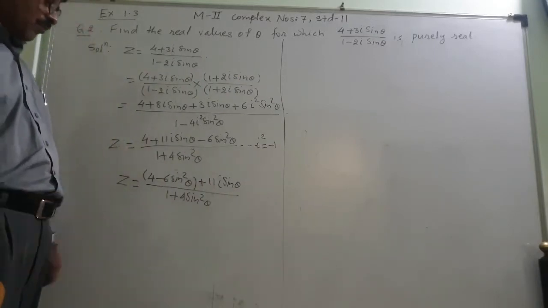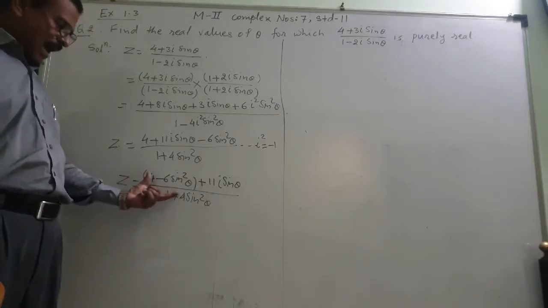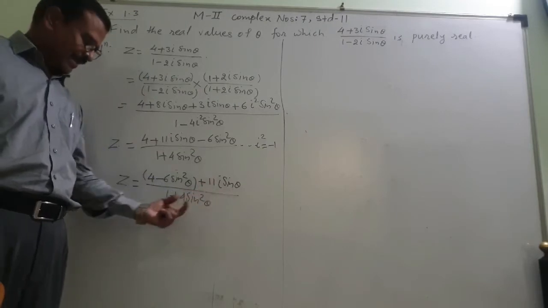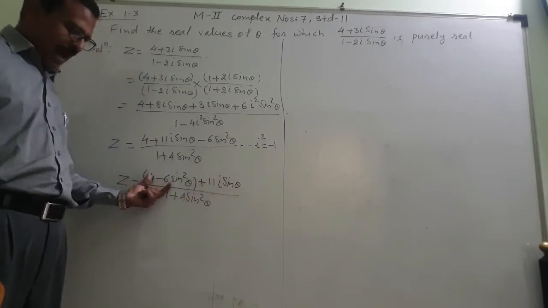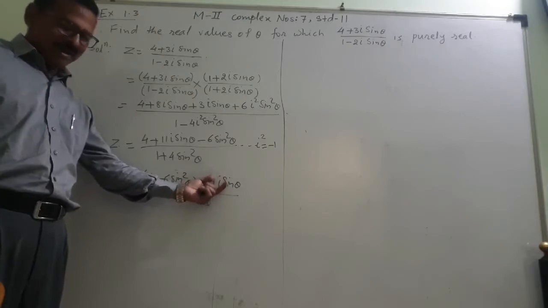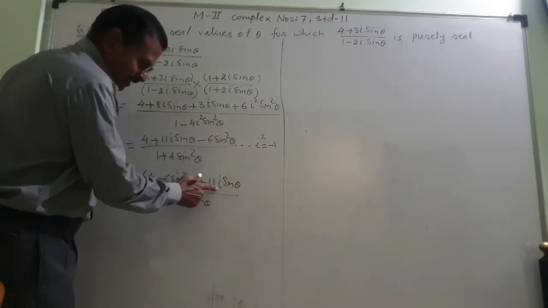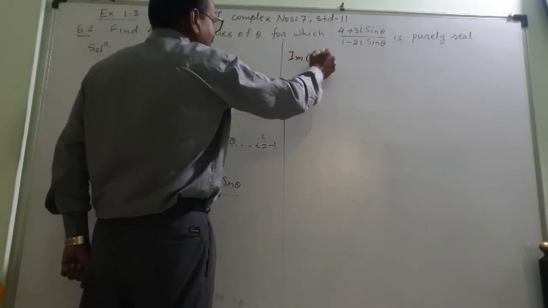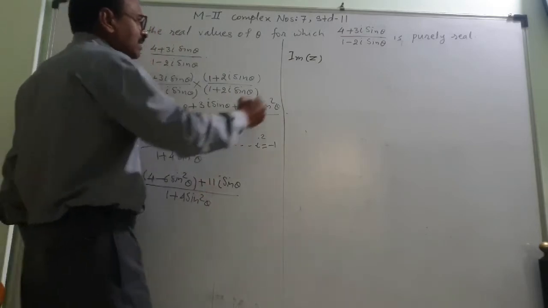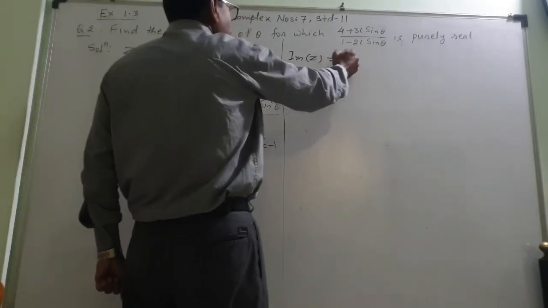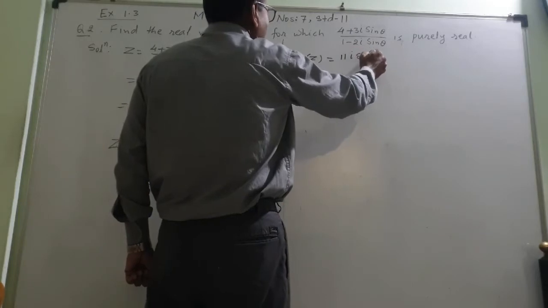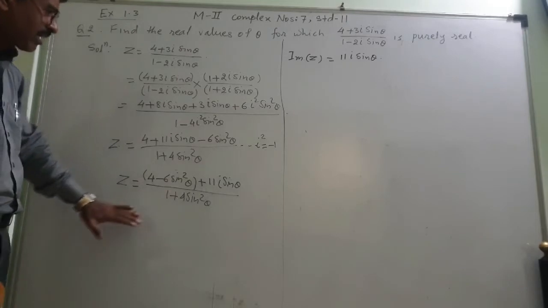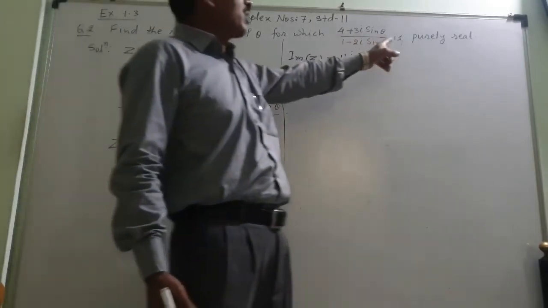Okay, now this is real, this is imaginary. This is the imaginary part. It is written as Im(z), means imaginary part of z is equal to 11 sin theta. Now all this whatever I solve, it should be purely real.